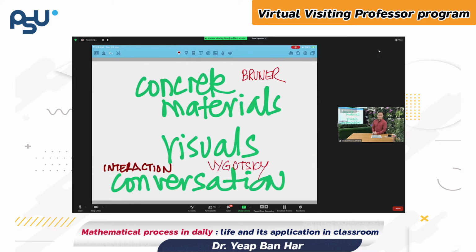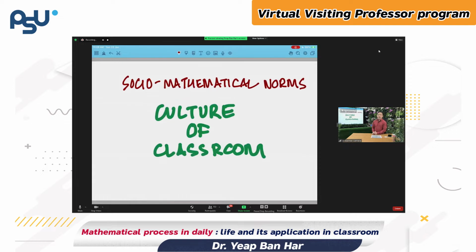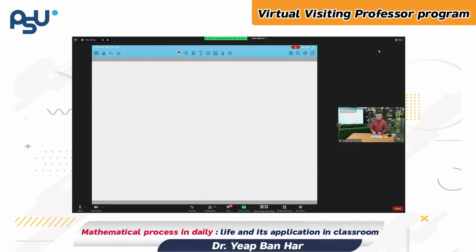Thank you for that summary. I think it's a nice summary, also alluding to the fact about the culture of the classroom. So we have so far talked about the process of problem solving, and you just also mentioned another important process, visualization.